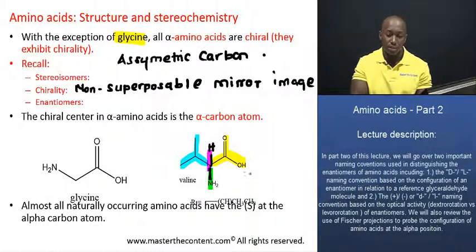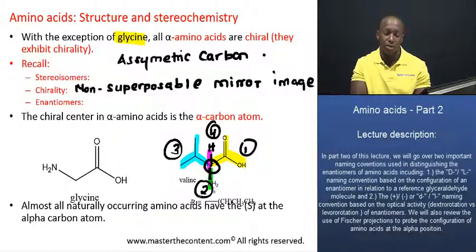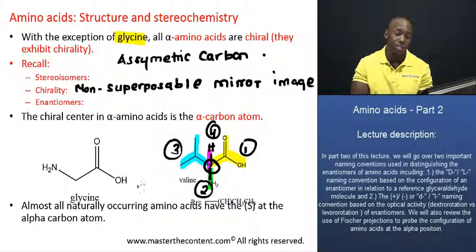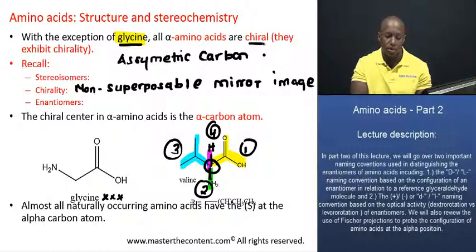So we have 1, 2, 3, and 4 groups attached to that centrally located chiral carbon. All these groups are different from each other, and for that reason, we call that a chiral center, and this is a chiral molecule. Now, direct your attention to the left-hand side of the screen where we have glycine. We said, with the exception of glycine, all alpha amino acids are chiral. So what is it with glycine that makes it not chiral?